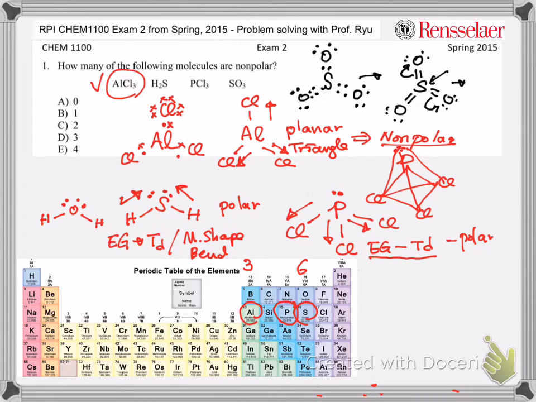You end up with the structure of S with a single bond to each oxygen, with oxygen having 3 lone pairs now, but they develop formal charges. The formal charge is on this one, and this one.